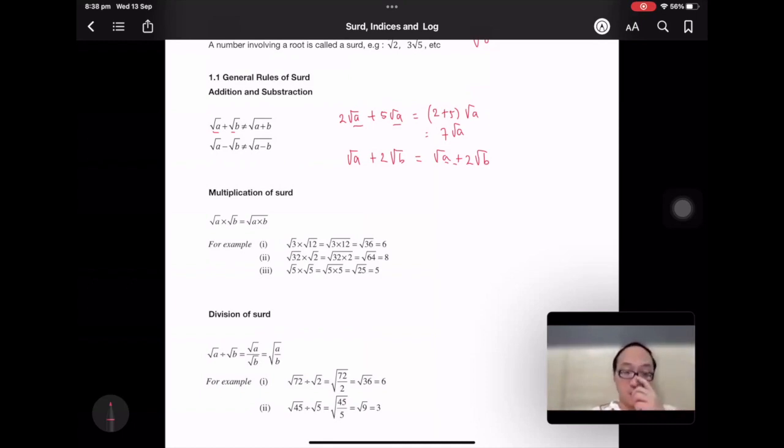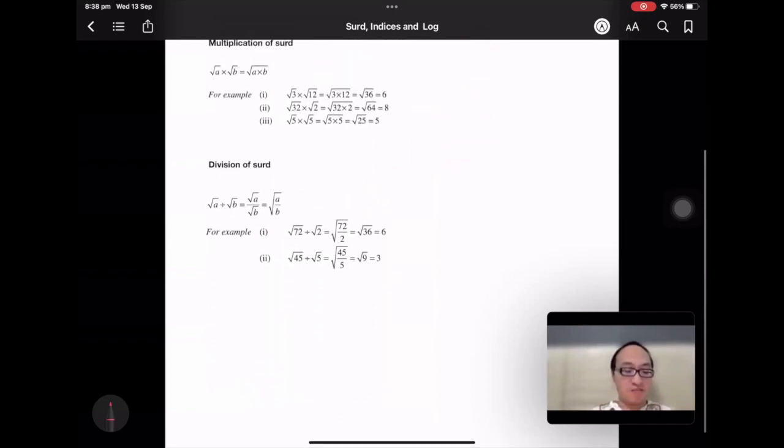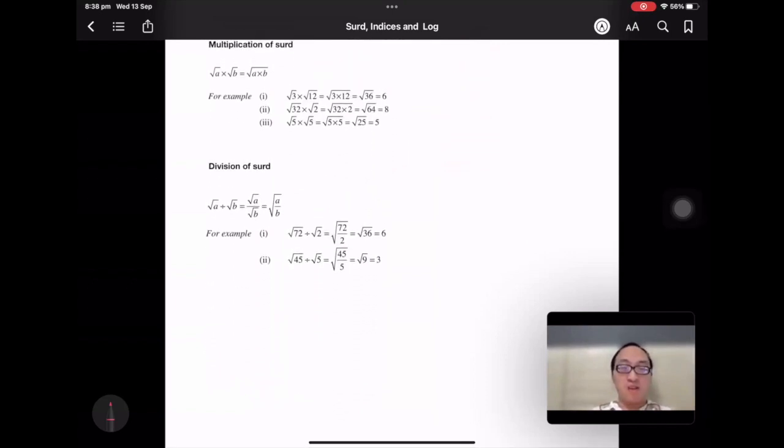How about multiplication? The multiplication of surds is the opposite of addition and subtraction because we can combine them. The root of a times the root of b is equal to the root of a times b. For example, the root of 3 times the root of 12 is equal to the square root of 3 times 12.